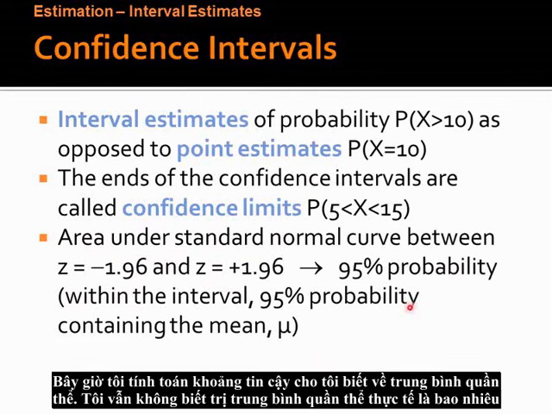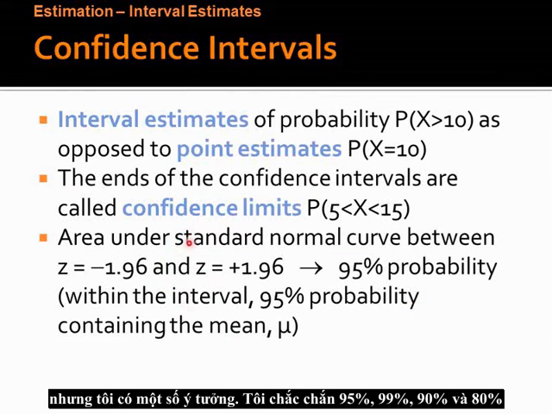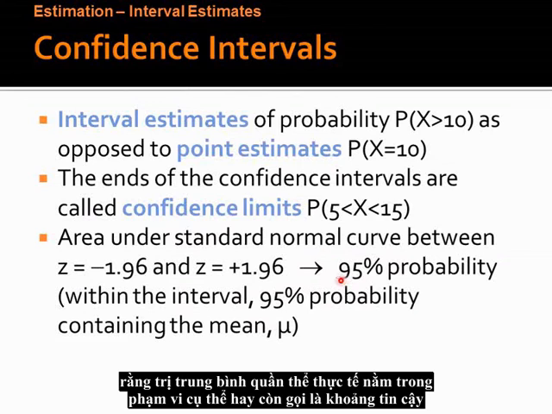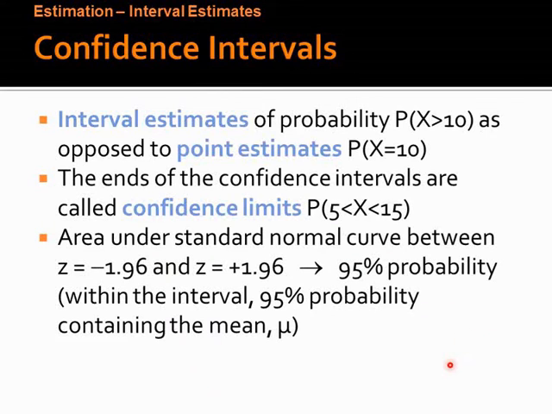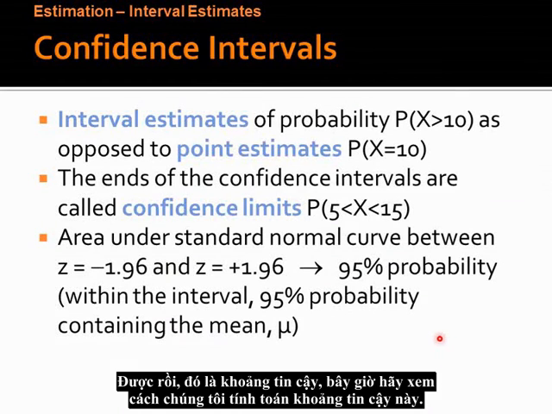I still do not know what the actual population mean is, but I have some idea. I'm roughly 95% sure, 99% sure, 90% sure, 80% sure that the actual population mean lies within this particular range, called the confidence interval. Okay, so that's what a confidence interval is.